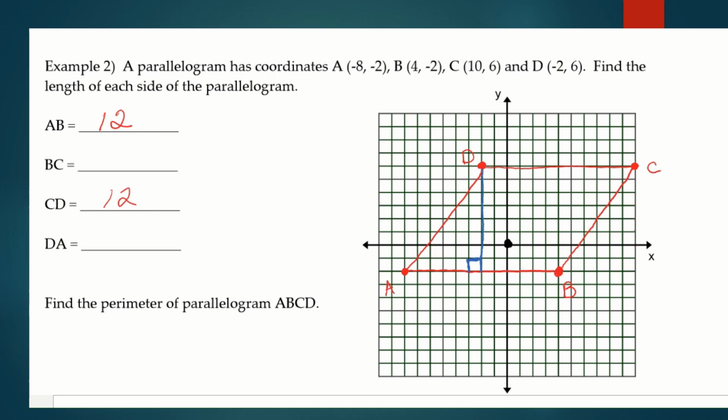You'll notice that line that I just drew ends up being one of the legs of the right triangle, and I can figure out the length of that leg by counting. So 1, 2, 3, 4, 5, 6, 7, 8. So right here, this has a length of 8. Now the other leg is right here.